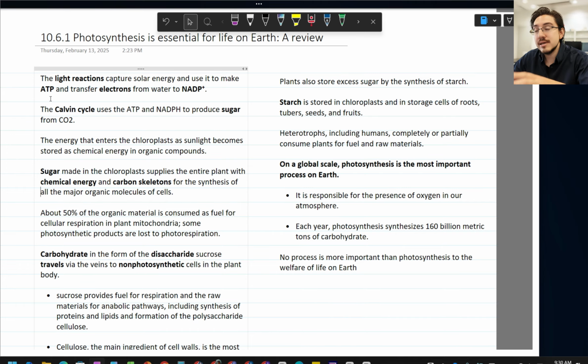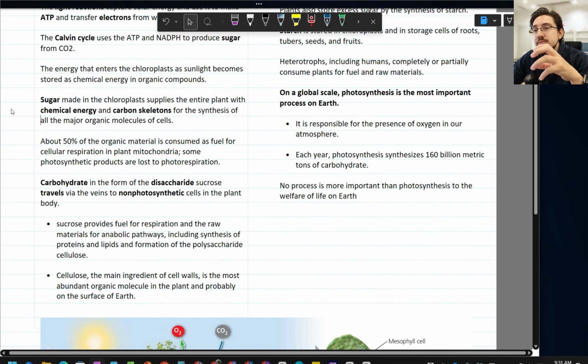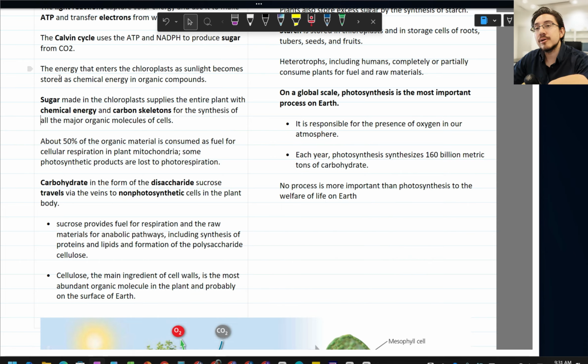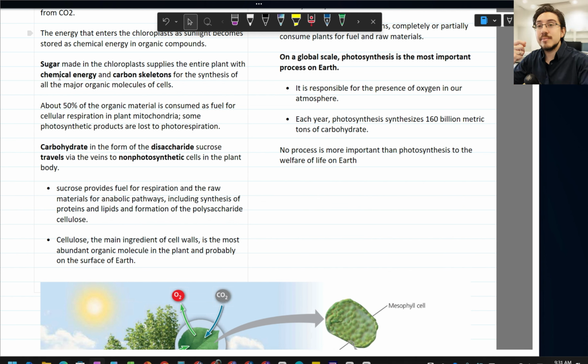The Calvin cycle uses ATP and NADPH to produce sugar from carbon dioxide. Ultimately, all that energy from sunlight is harnessed by chloroplasts, going from light energy to chemical energy found in organic compounds. Sugar made in chloroplasts can supply the entire plant with chemical energy, and also serve as a backbone of carbon skeletons to produce different types of organic molecules depending on what the plant needs.